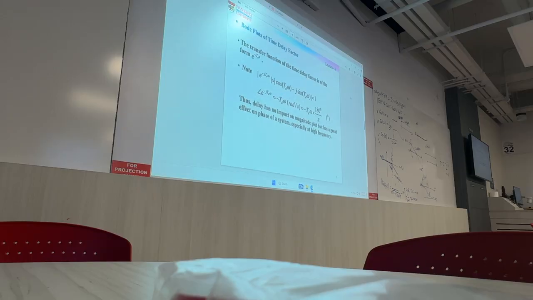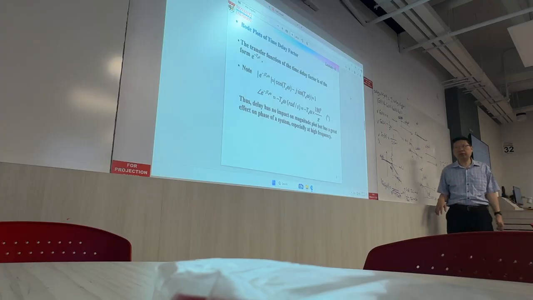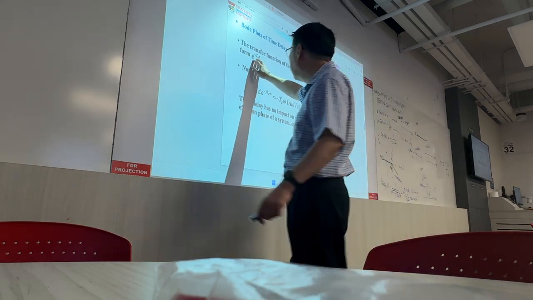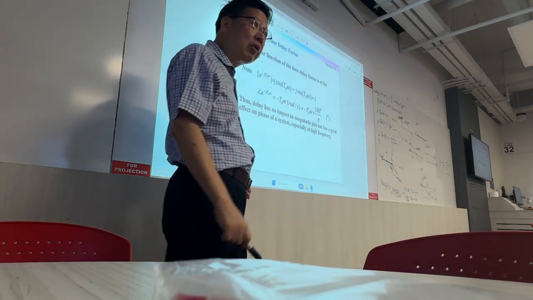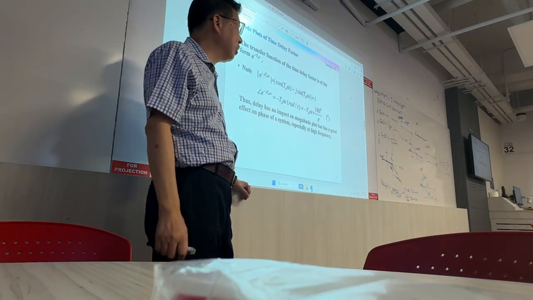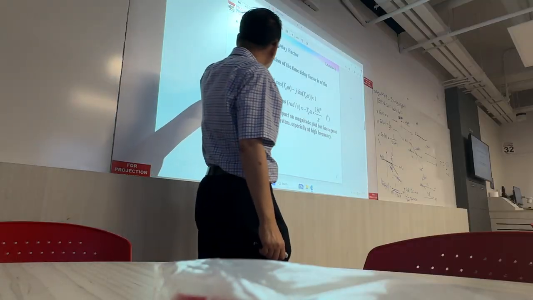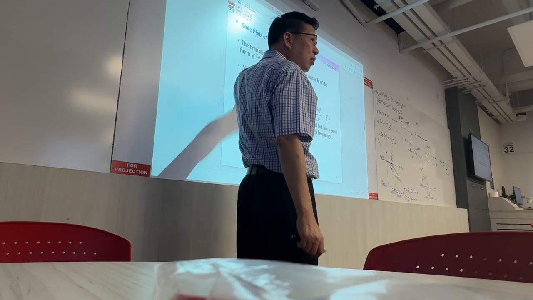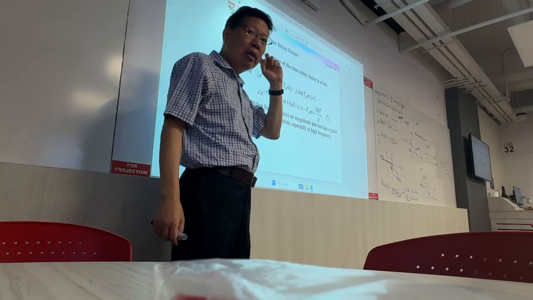And the other one is the time delay. Time delay is not a linear function, but it's a very special function. It appears in our system very often, so we have to deal with it. The time delay is e to the power minus Td s in the transfer function.